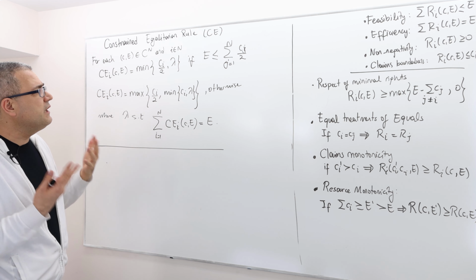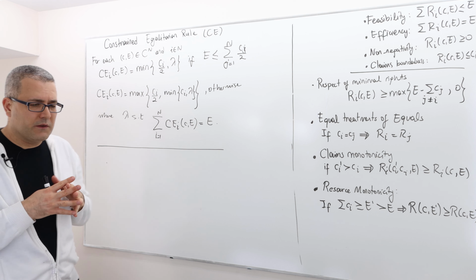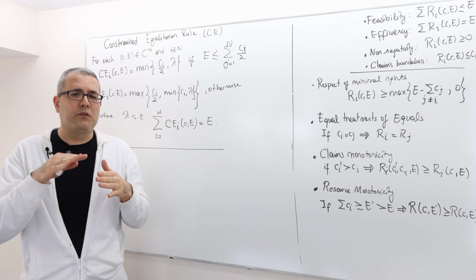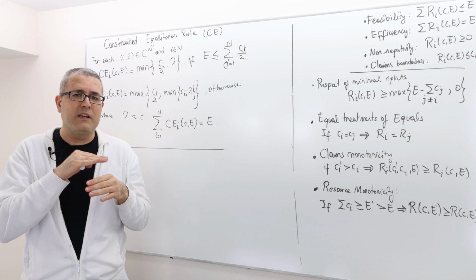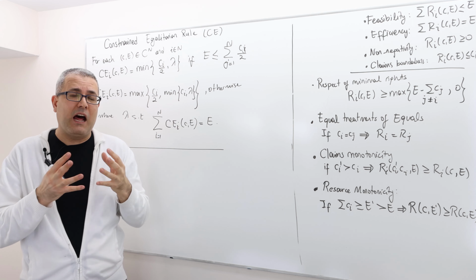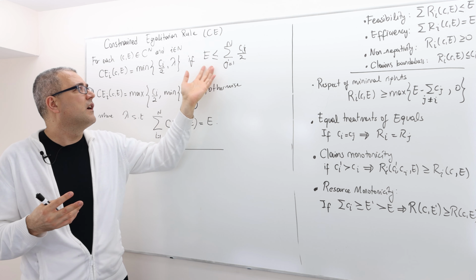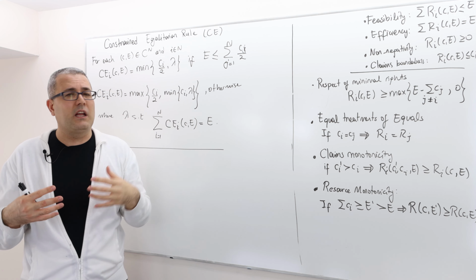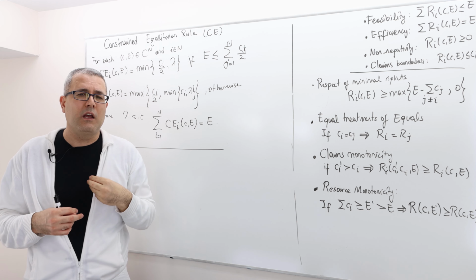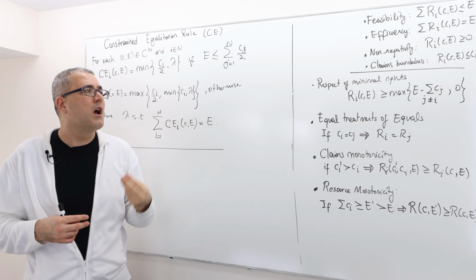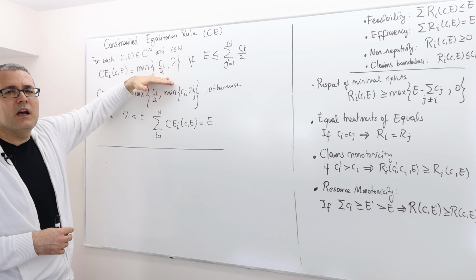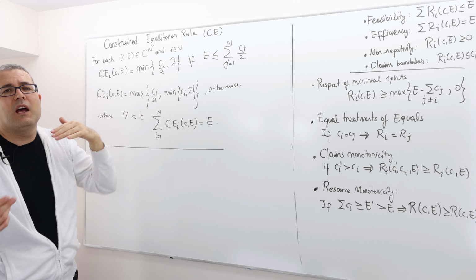Well, intuitively, it basically says the following. Let's look at the claim vector and concentrate on the half of the claims. Well, if the sum of the half of the claims exceeds the initial surplus we want to distribute, well then, you know what? We try to basically distribute at most half the claims.